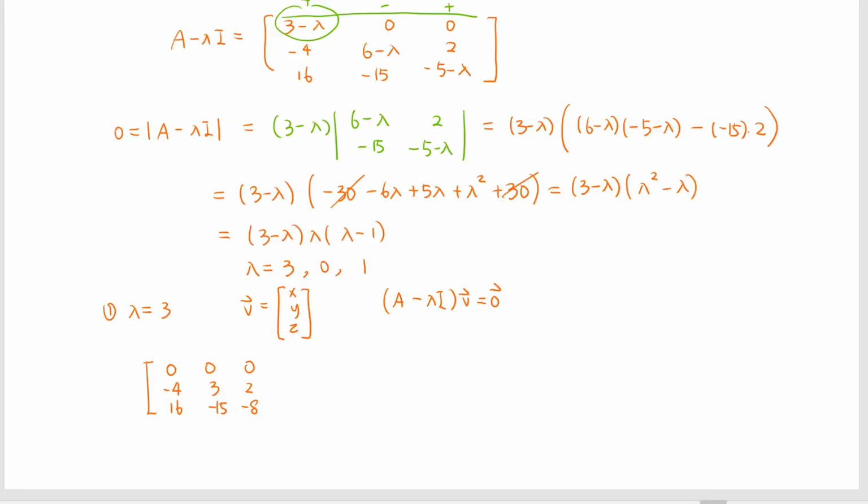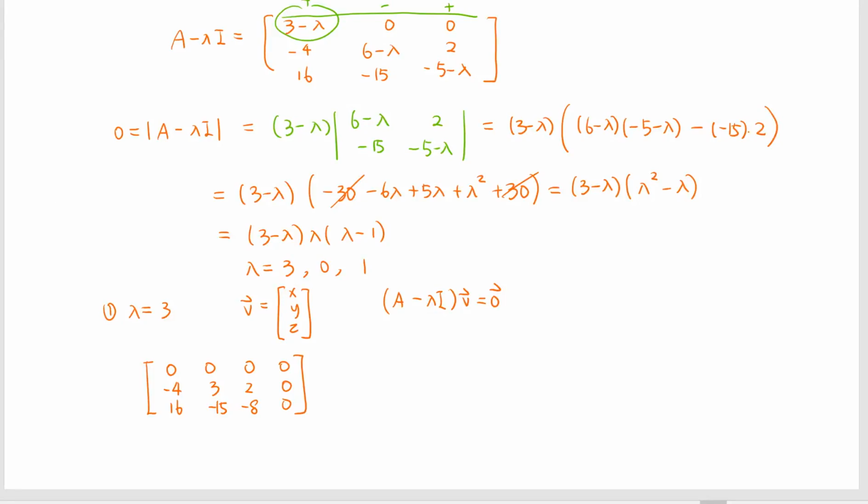Okay, so let's see. Let me see, did I make a mistake? No, right. Okay, yeah, that's right. Okay, let's continue. So the last column is zeros.